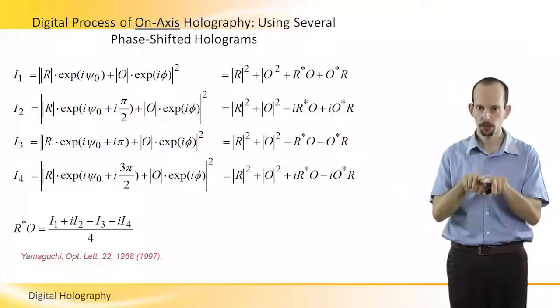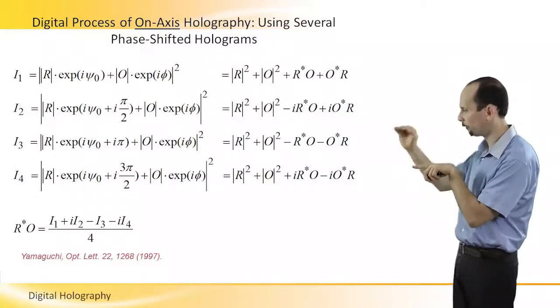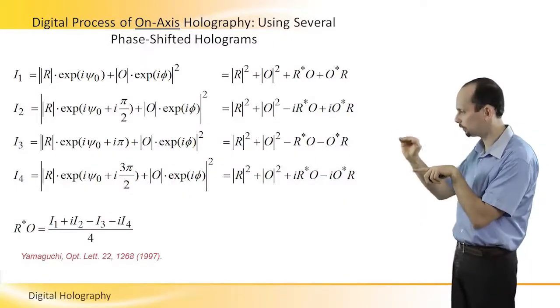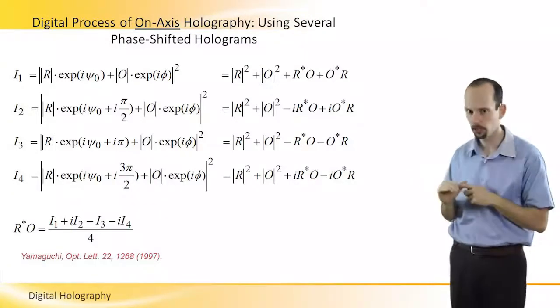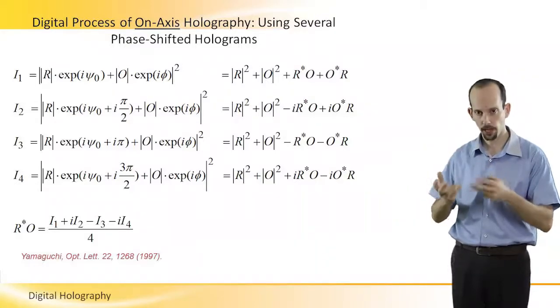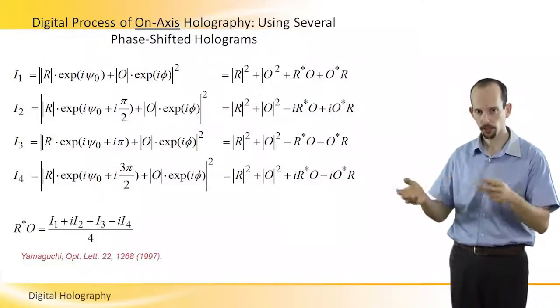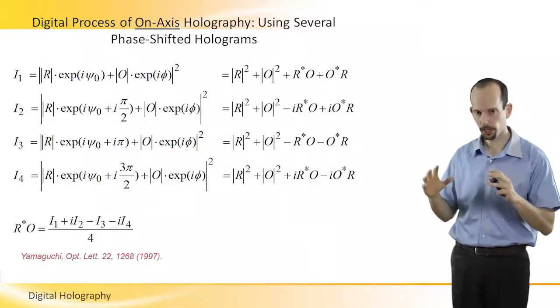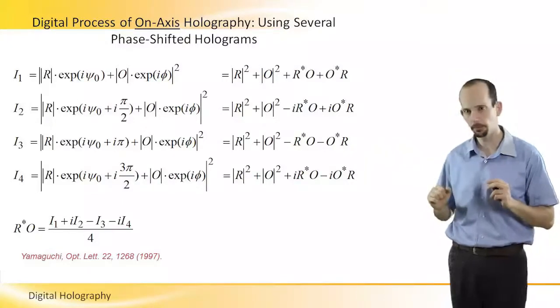So although these 4 elements overlap in space, if we acquire 4 holograms and each of them is phase shifted compared to each other, we can use all 4 of them and digital manipulation in order to get the required element R squared, R conjugate, multiplied by O.